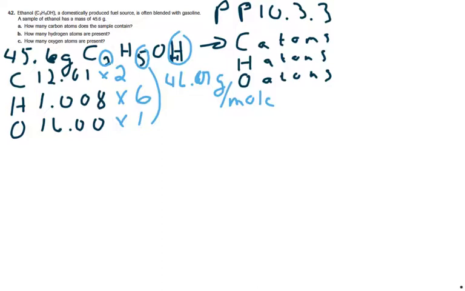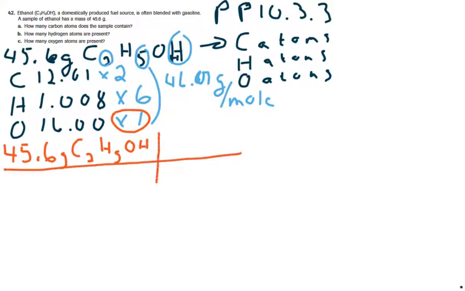So that we have that, we can go back and find the number of atoms of the carbon, hydrogen, oxygen. I find it easiest always if you have one of them there only once, like the oxygen is here, I'll start with that one. So we take 45.6 grams of the ethanol, C2H5OH, and change from grams to moles.